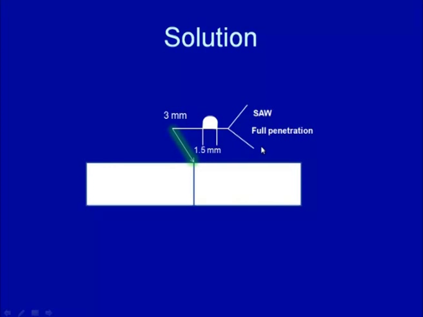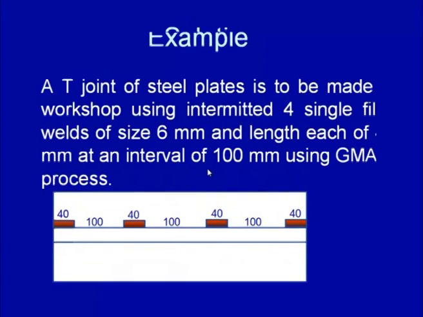So, this is how we can show the different parameters required in a weld joint and the welding conditions for developing the weld joint using the welding symbols.